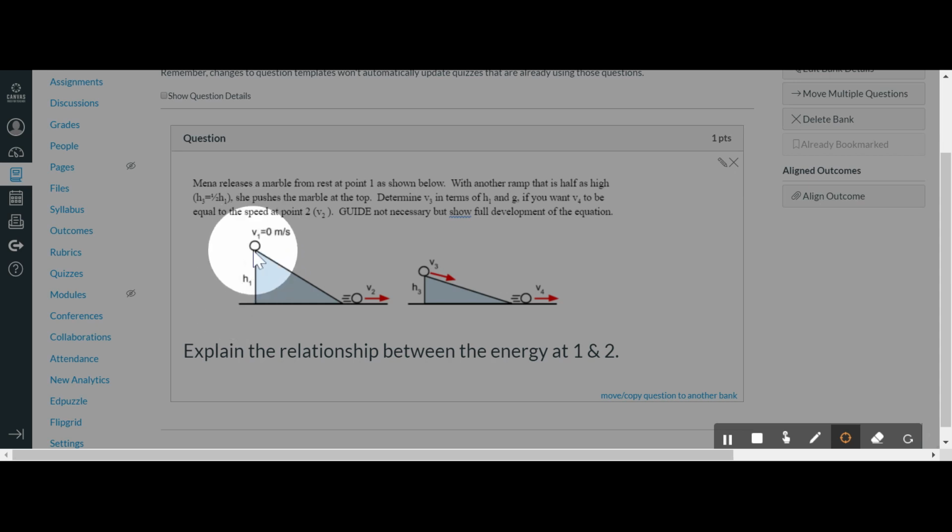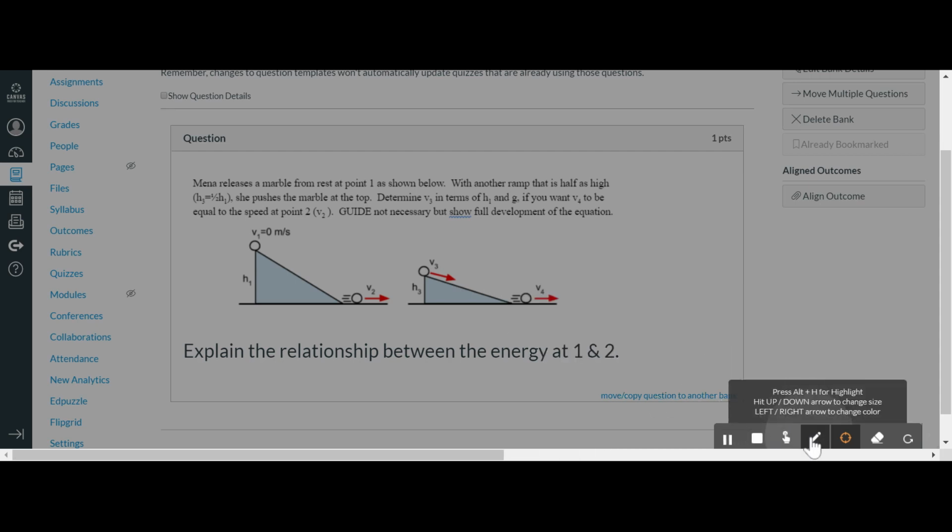Because this is V1 and H1, so this is point 1. Right, what about here? How are we going to describe the energy here? Hopefully you said this would be E4, right? The energy at point 4.